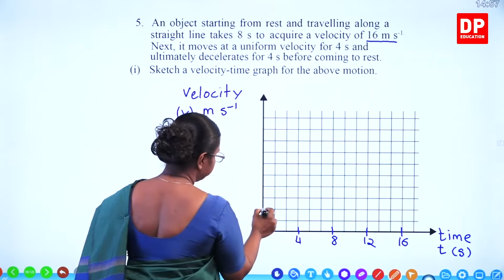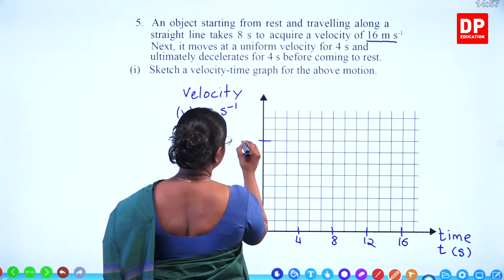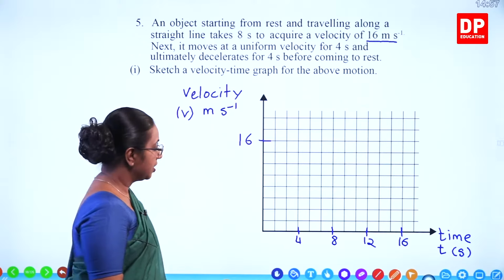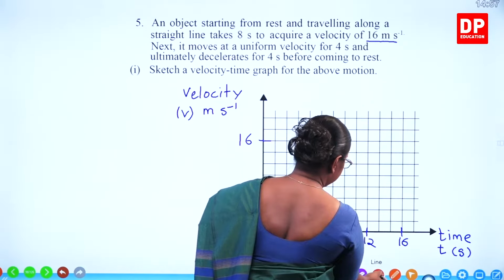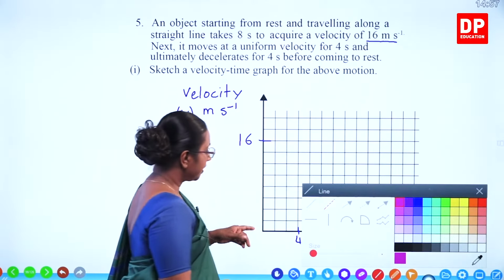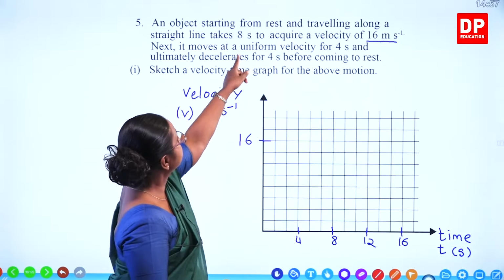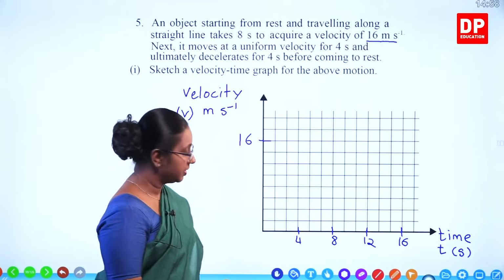So here I can mark the value as 16 there. So initially, if we are to draw the graph, if I show you all the values, the first 8 seconds, it was acceleration starting from 0.